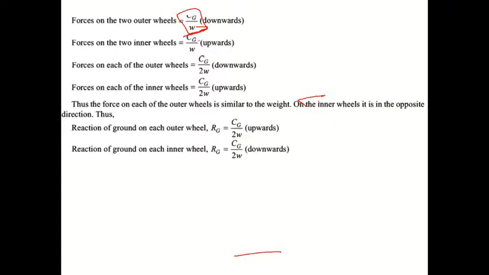So for two wheels, the formula is Cg by W. For a single wheel, the reaction force formula is Cg by 2W.